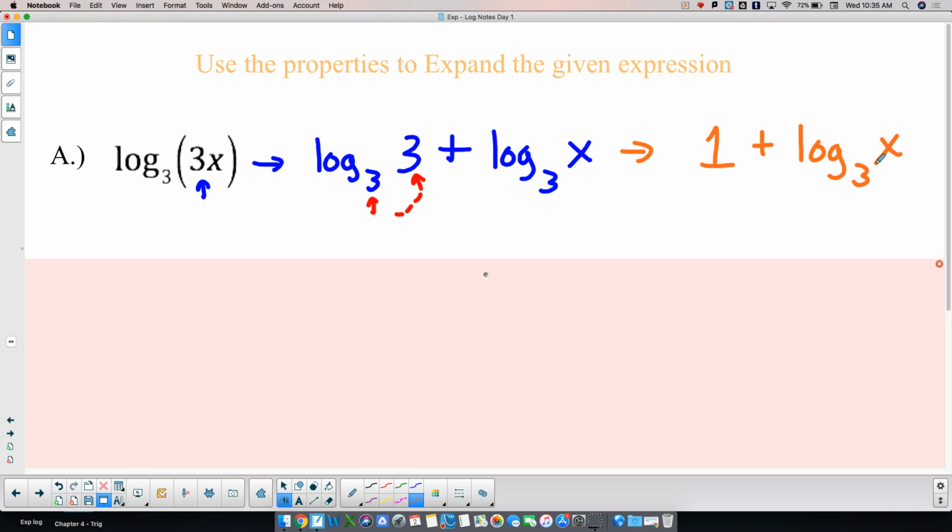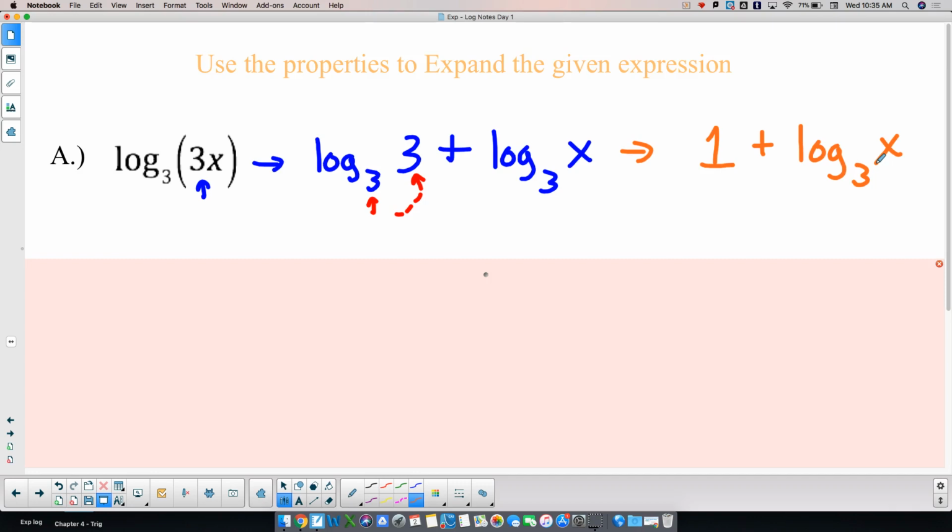Okay. If we go back to the first example that we had when we were switching, log base 7 of 49 equals 2. What exponent do I have to put on 7 to get 49? That's 2. So if I wrote down log base 7 of 49, I could reduce that, simplify it, if you will, to 2. Okay?